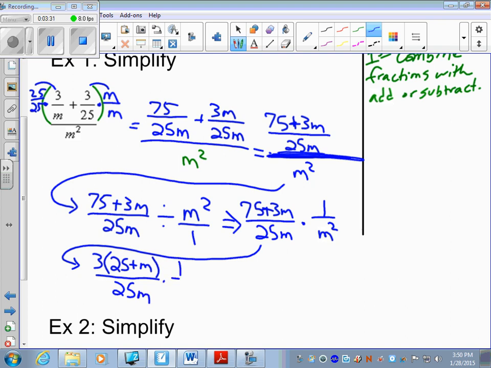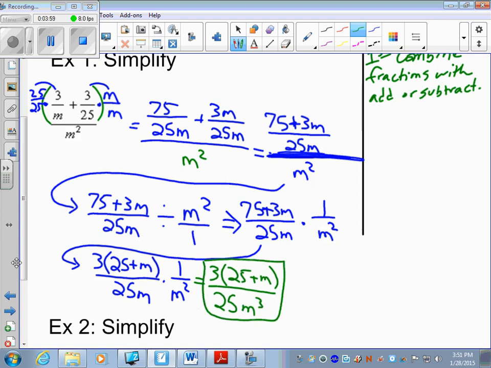And I look to see if there's anything in my numerators and denominators that I can simplify. 3 over 25, no. M in the denominator, no M in the numerator by itself. Does not look like it, so now I'm just going to multiply all the numerators and all the denominators together. And since I couldn't simplify anything, that is my final answer.